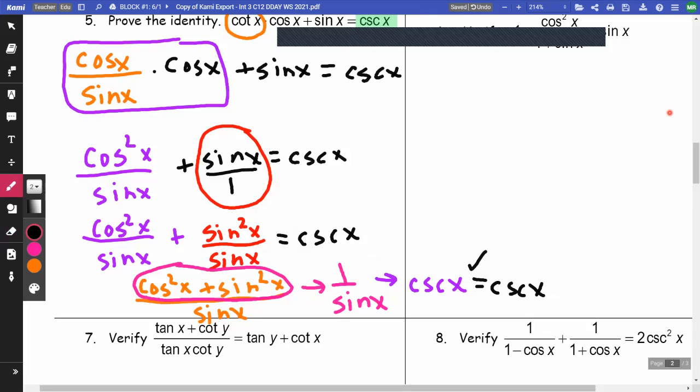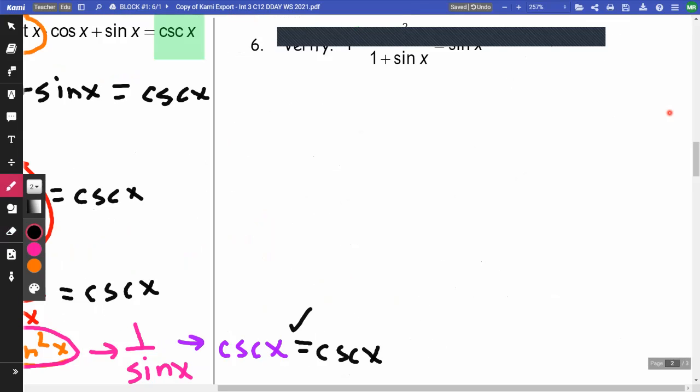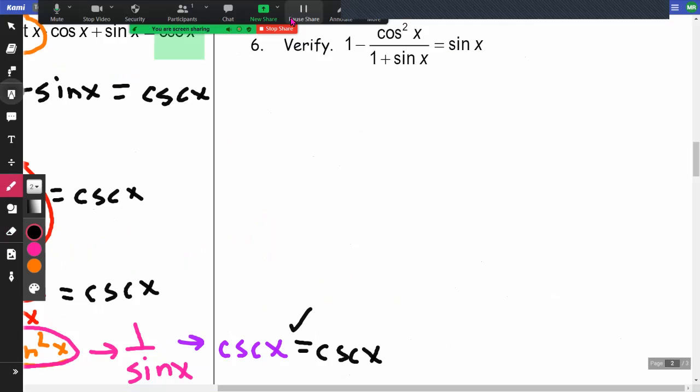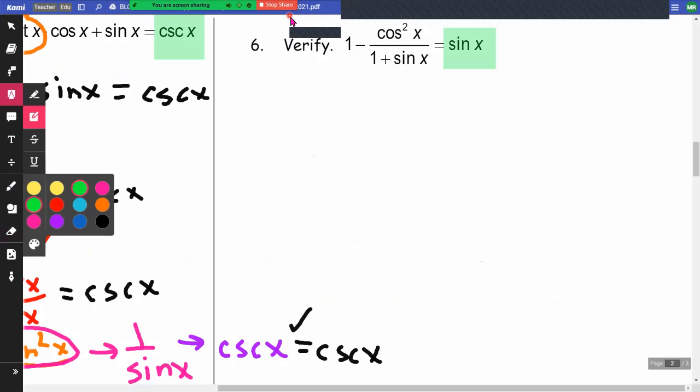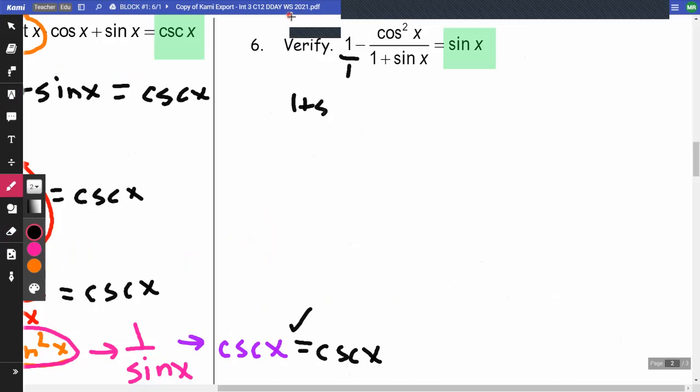So looking at number 6, okay, verify, but again, it's the same idea. Our goal is to keep this sine x. So what I am going to do is think of this as being over 1, and I'm going to get a common denominator. So that 1 is really going to be a 1 plus sine x over 1 plus sine x.